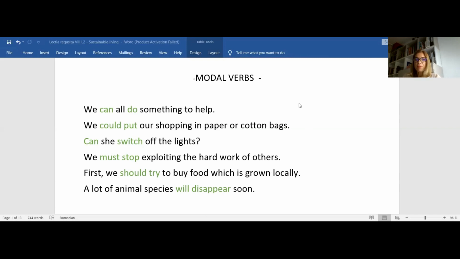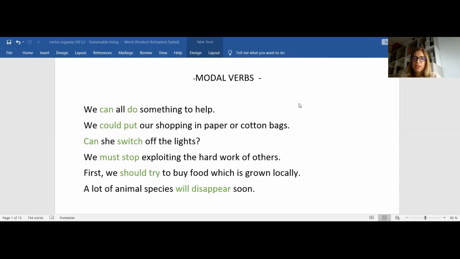As you can see, all these modal verbs help me as a speaker to express different linguistic functions. Yes, with the help of a modal verb, we can express advice, we can express a request, we can ask for permission, we can express possibility, prohibition, obligation, and so on.